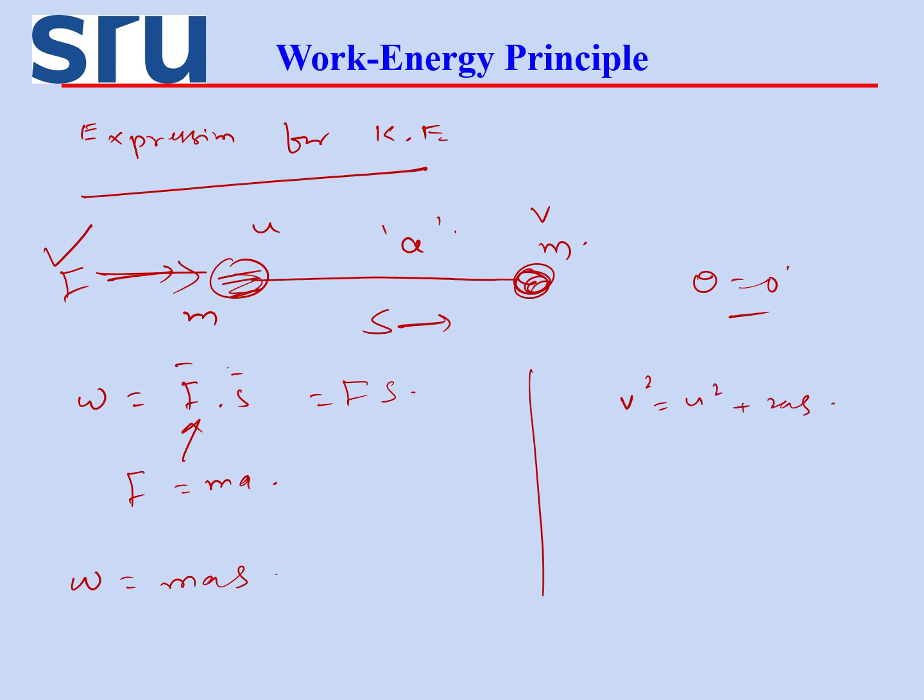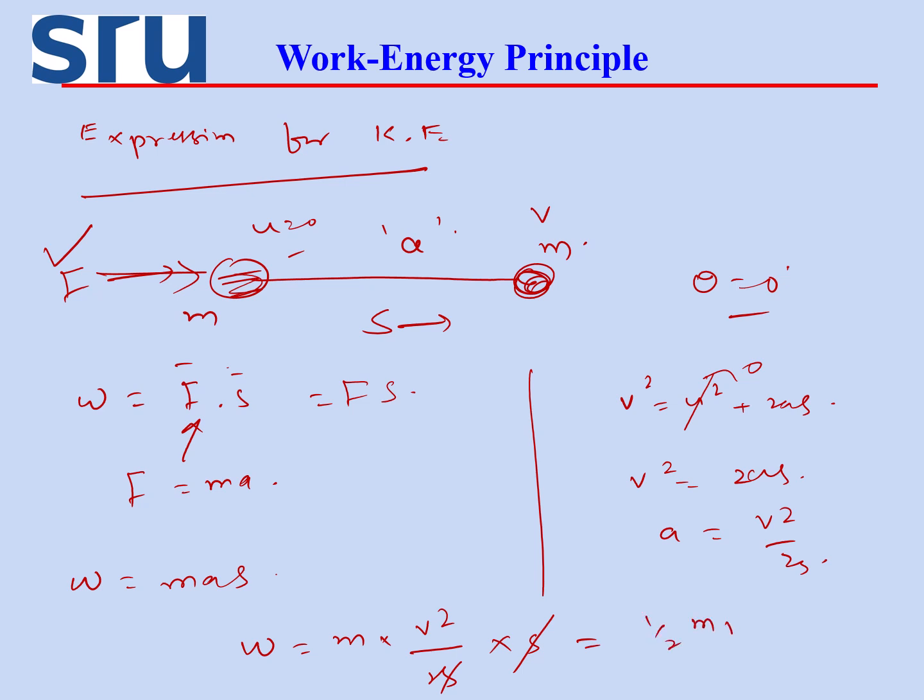The object is initially at rest, so u is 0. Now v square equals 2as, so a equals v square by 2s. Substitute here: W equals m into v square by 2s into s. S gets cancelled. So W equals half mv square.